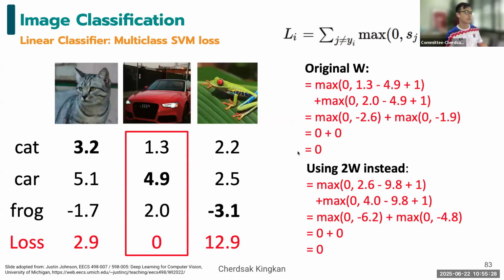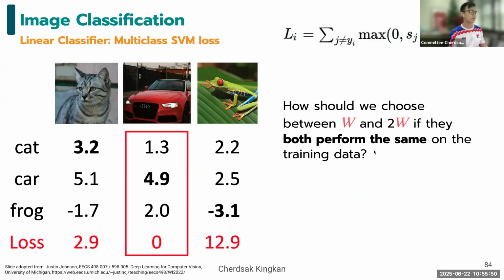So why does it matter? For example, if we recalculate for this one, this is the original W, and then this is using 2W. All right, we probably end up with this loss function which gives us the 0 loss value as well.